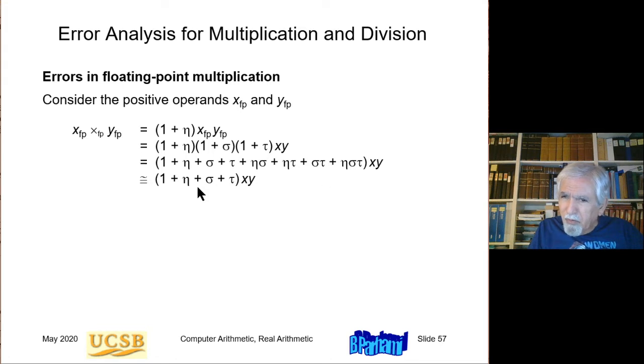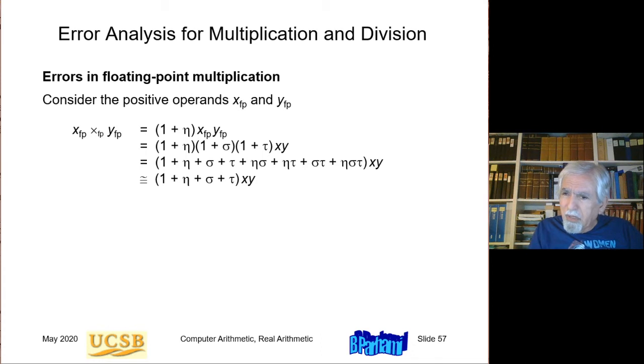And therefore, the result is approximately 1 plus eta plus sigma plus tau times xy. In other words, the floating point product compared with the exact product has a relative error of eta plus sigma plus tau.